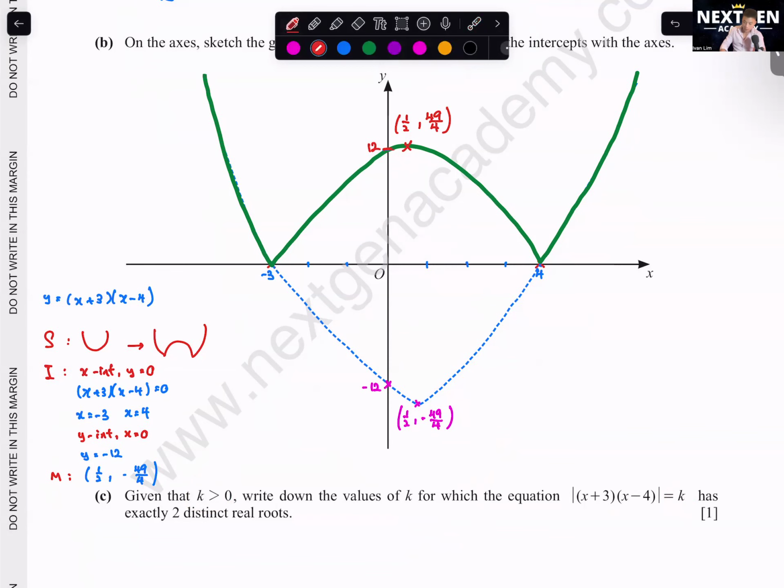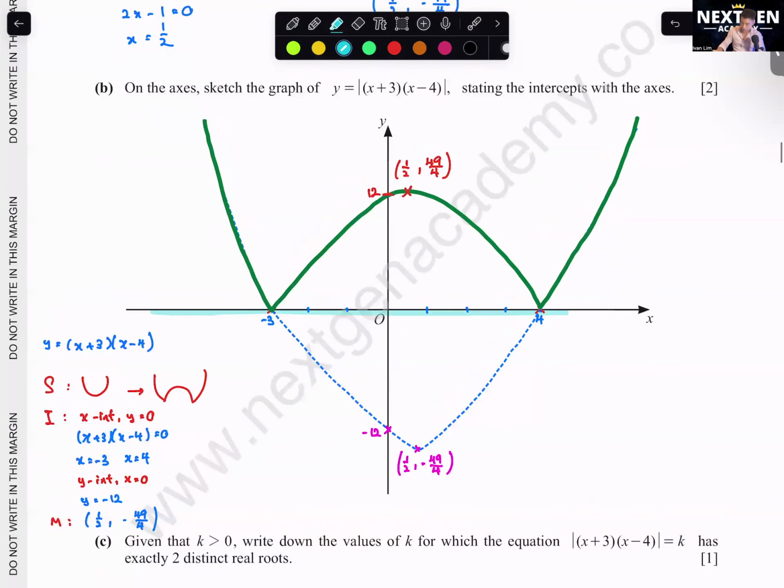So what we are finding here is when we draw a horizontal line, where exactly will we get 2 points of intersection? Supposedly it is here and above the turning point, right? But because of this statement here, k is more than 0, this one we don't take. Okay, this one is also 2 solutions. So what is this section here?